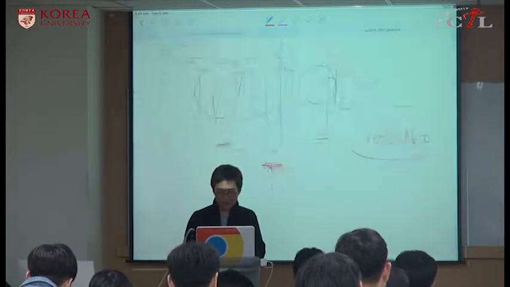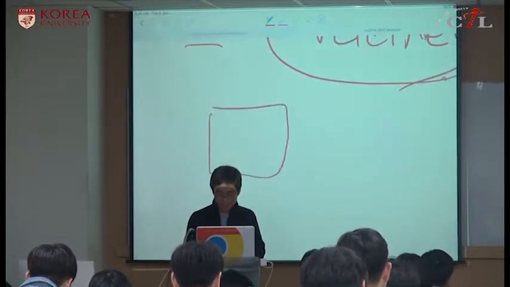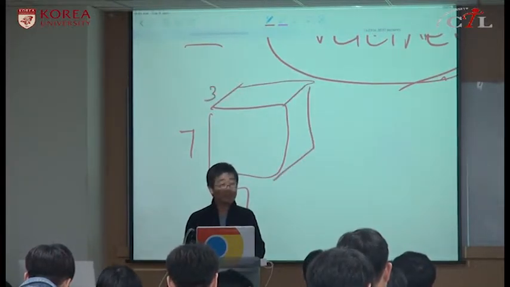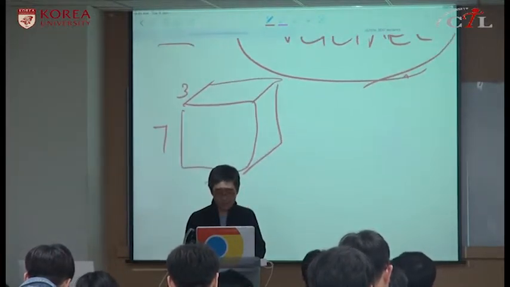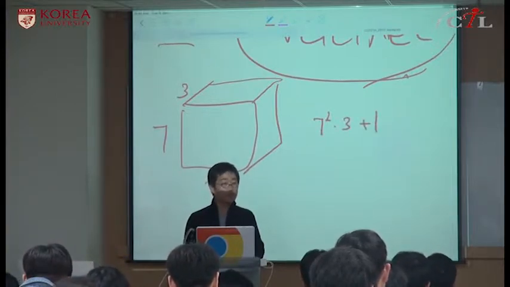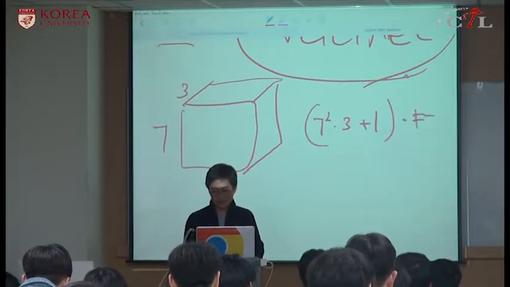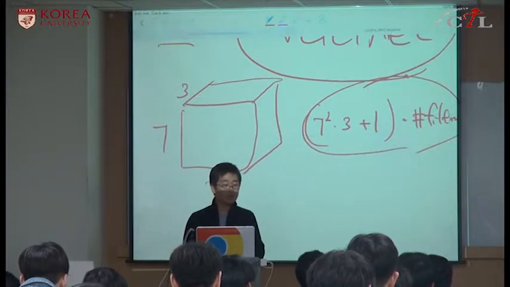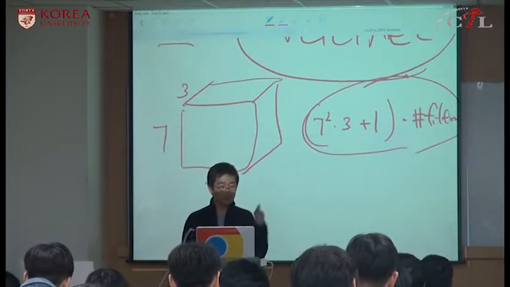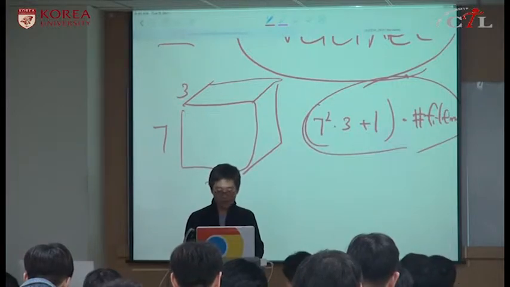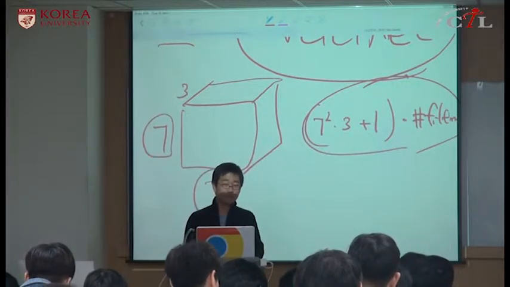If our filter size is 7 by 7 by 3, then our parameter count will be 7 squared times 3 plus 1, which is our bias value. So this is the number of parameters that we need to design one single convolutional layer using this 7 by 7 filter size.